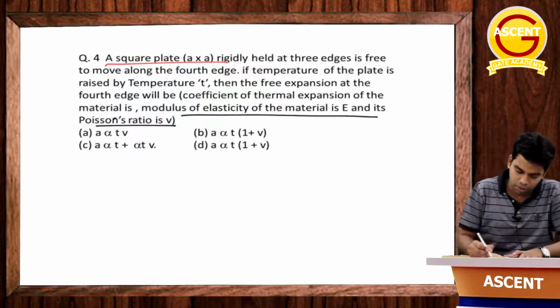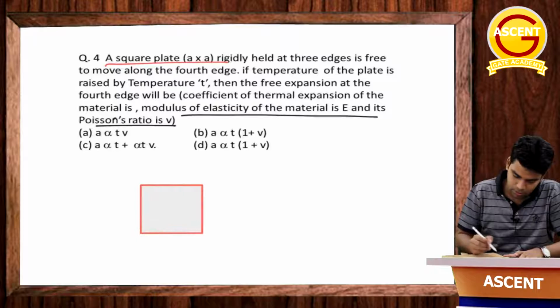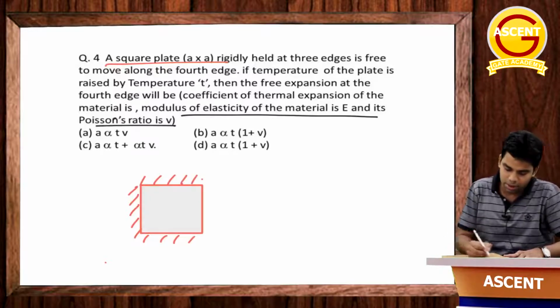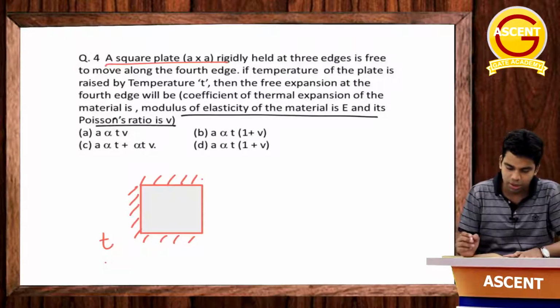We will draw the square plate, rigidly held at 3 edges like this. Now, the temperature of this plate is raised by T, then the free expansion in the 4th edge would be?